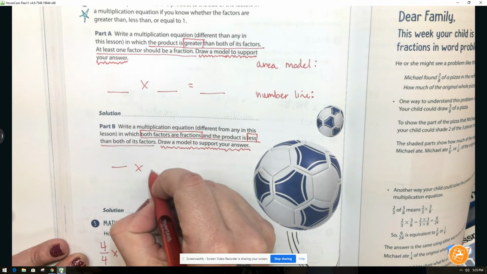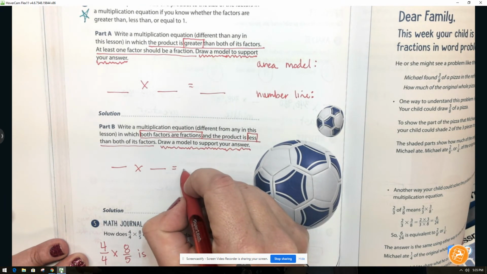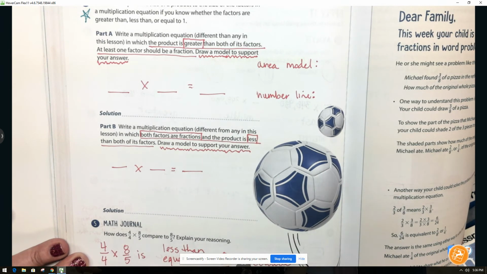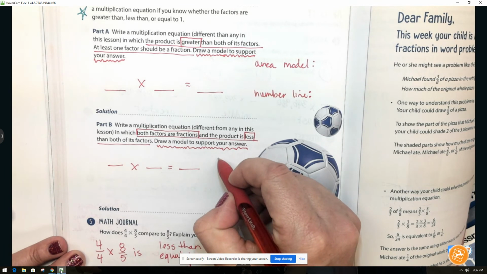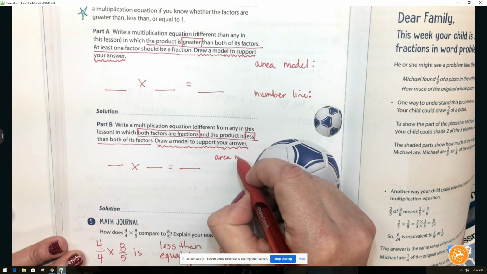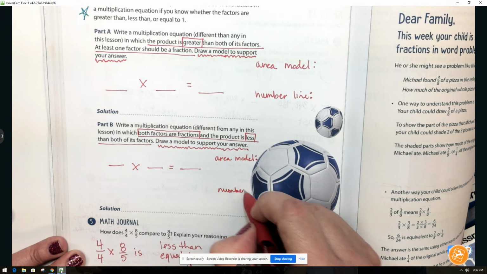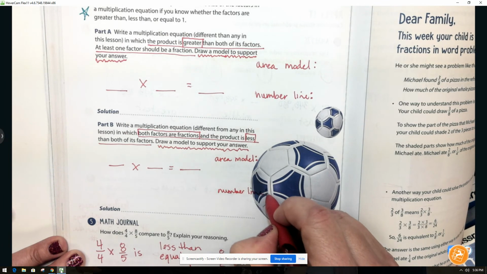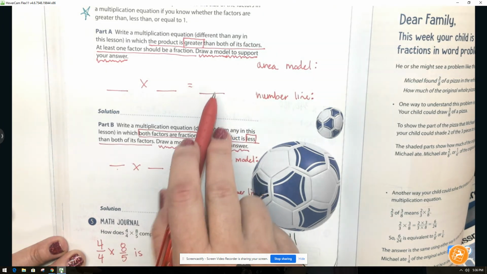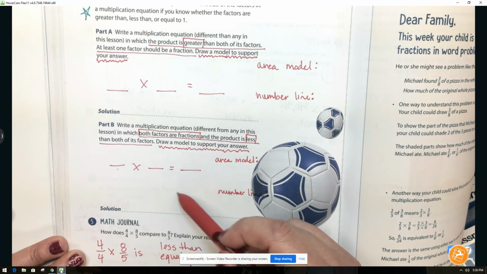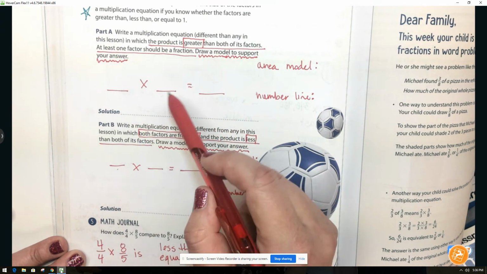Here again, I would probably draw an area model, but you can pick an area model or a number line to show what your equation looks like, to show me where your product is going to be less than both of the factors.